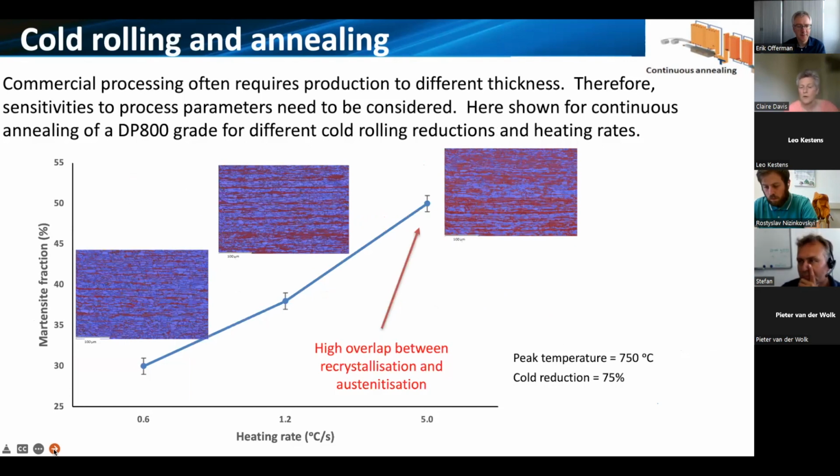We also see a similar principle, but now keeping the same cold rolling reduction. Here I've got 75% cold rolling reduction, the same peak temperature, but if we change the heating rate, of course, different annealing lines, indeed different product thicknesses in terms of line speed, will give different heating rates. And here we can start to see there is also sensitivity.